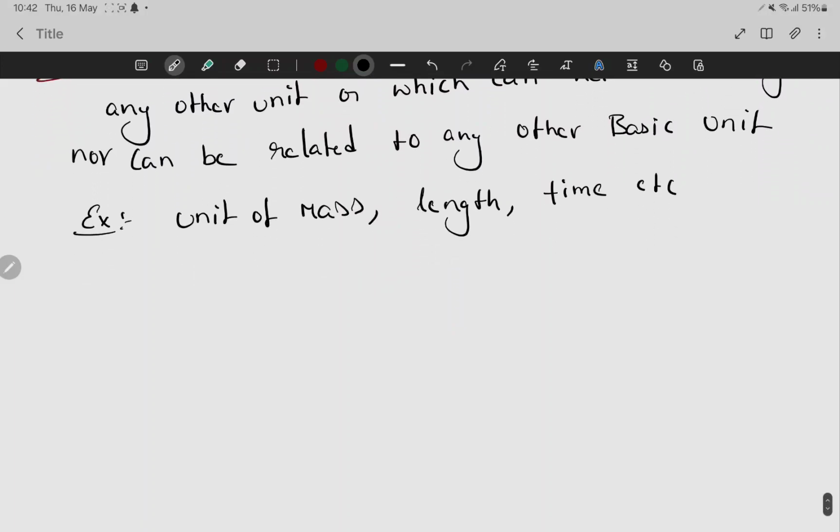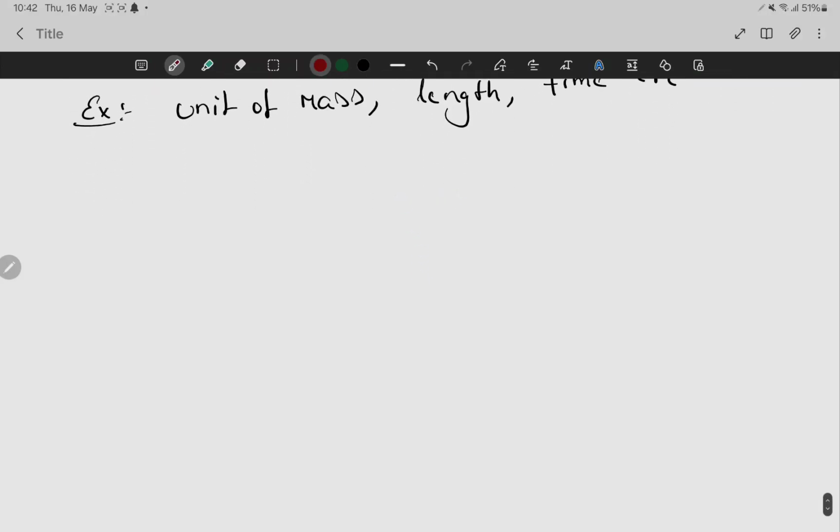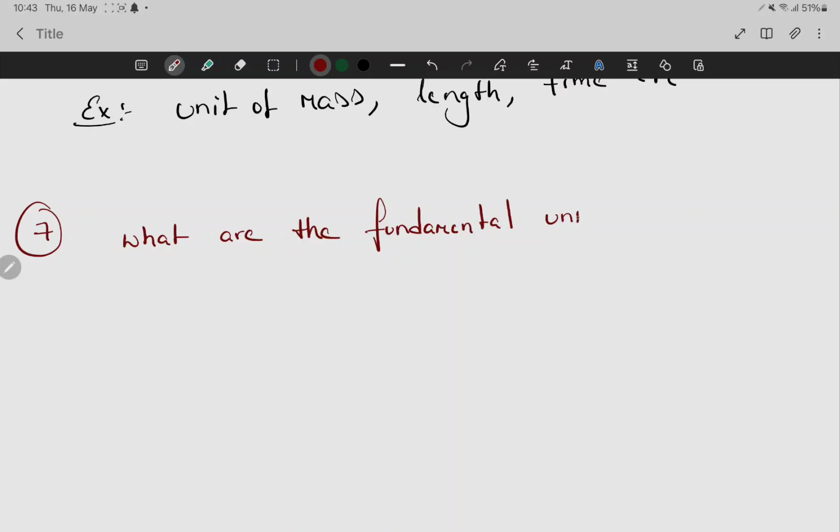Next, let's see the fundamental units of SI unit along with their symbols. The next question is question number 7. What are the fundamental units of the SI system? Name them along with their symbols.